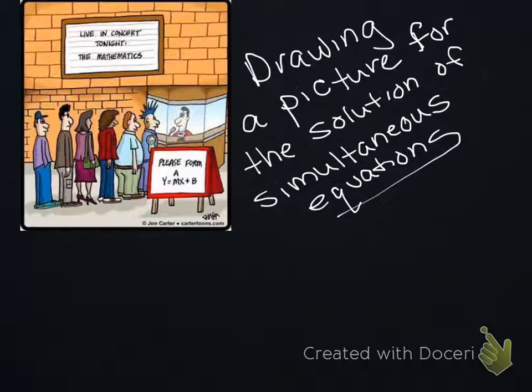So in this lesson, we are learning how we can use a drawing of the equations, simultaneous equations, a picture for those solutions of those simultaneous equations, and how that can help us, especially with distance, rate, and time problems, as the example Jacobs gives on page 304 and 305 of the greyhound and the kitty cat, and when is that greyhound going to catch up with the kitty cat.